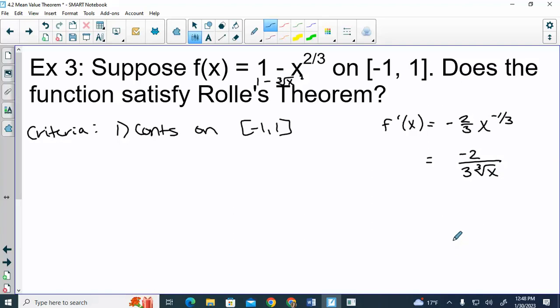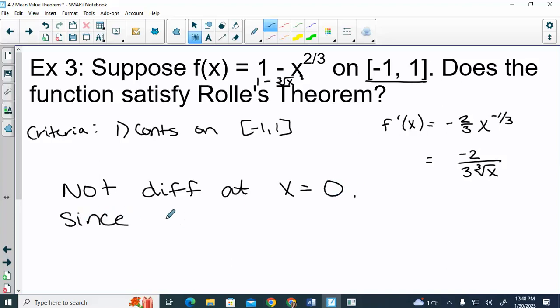This has to be differentiable, so the derivative has to exist everywhere between -1 and 1. Does this derivative exist everywhere? Where does it not? This is not differentiable at x equals 0.